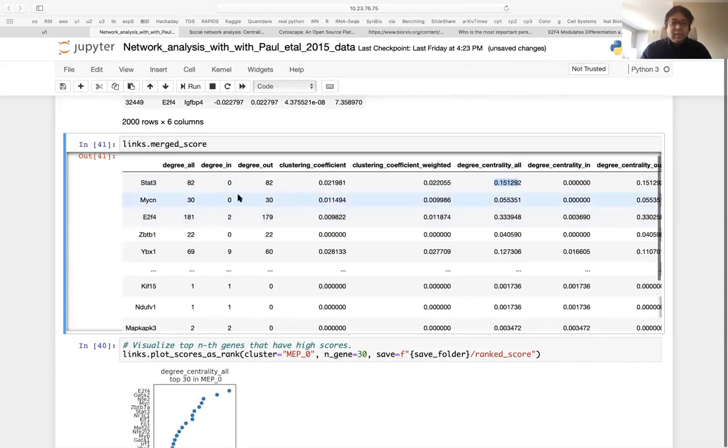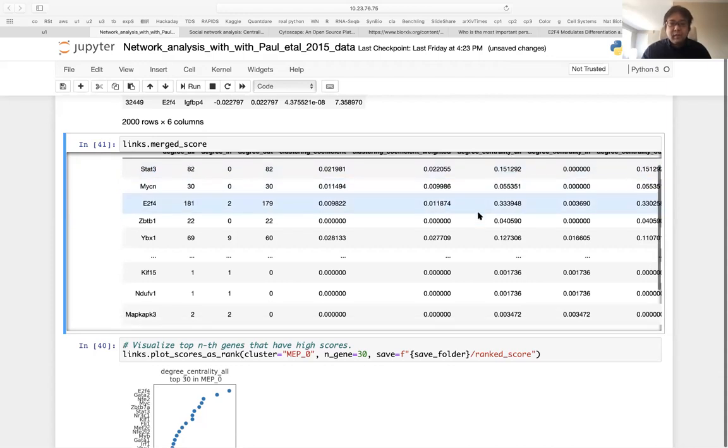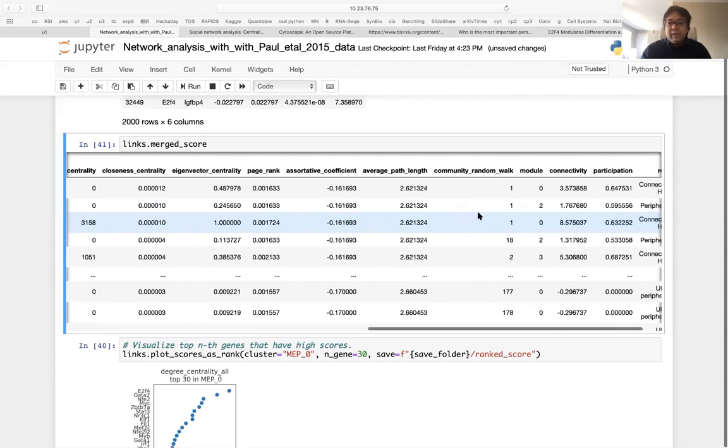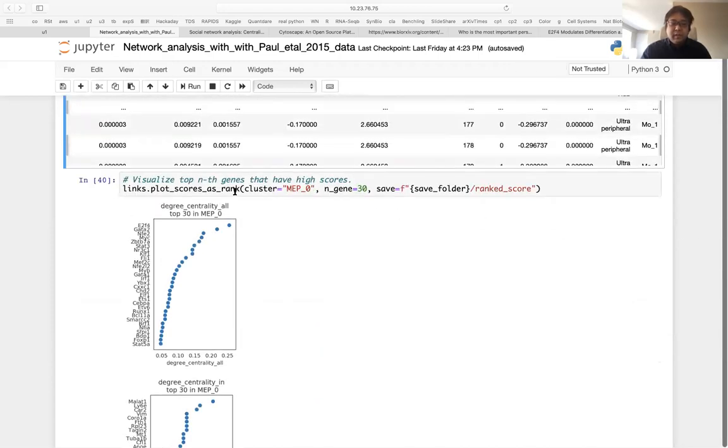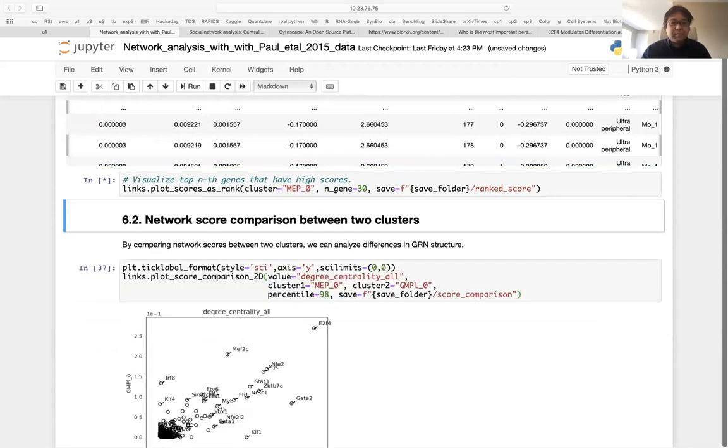For example, this one, STAT3, is a really important transcription factor. So this factor has many connections, so the degree centrality of this gene is really high. And for example, we can visualize the network score, focusing on this cluster like this.